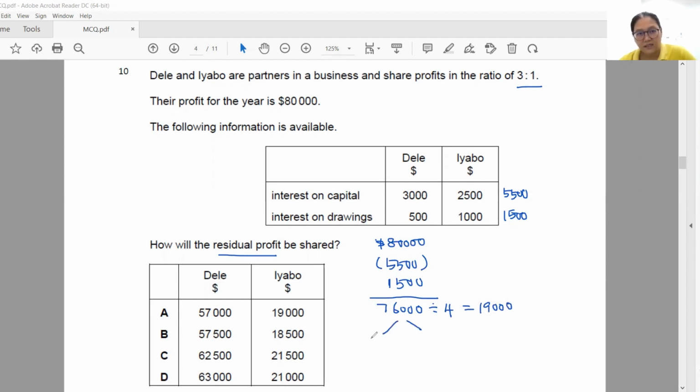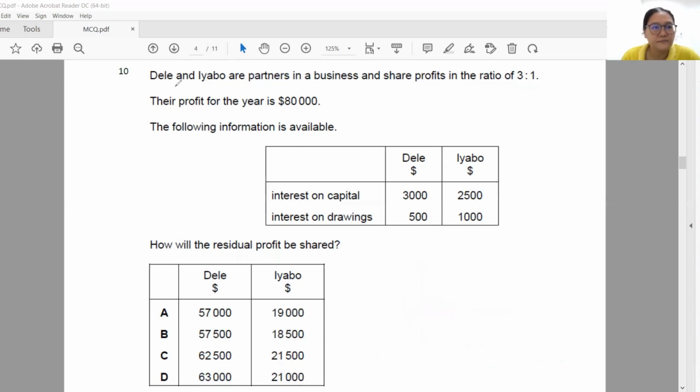D and I is 3 to 1, so take 19,000 times 3, we get 57,000, and 19,000 times 1, we get 19,000. So the answer will be A.